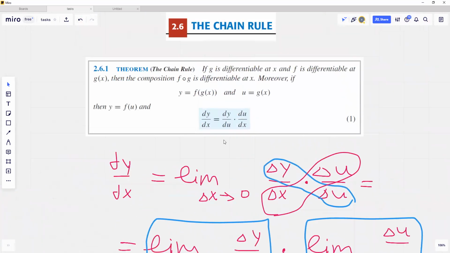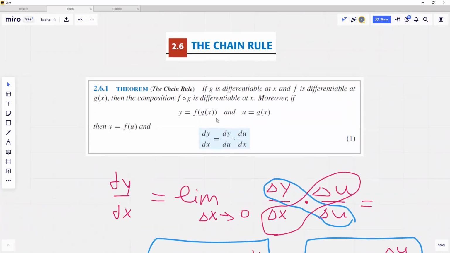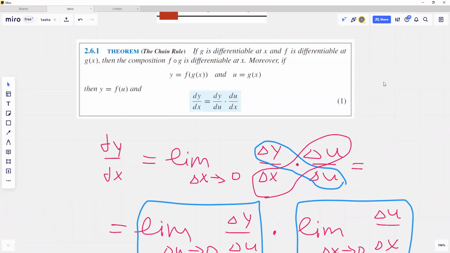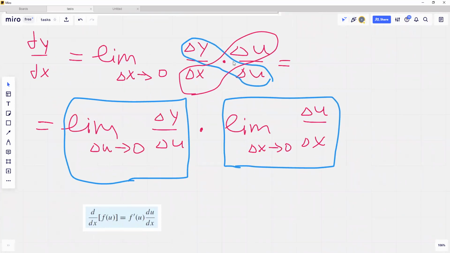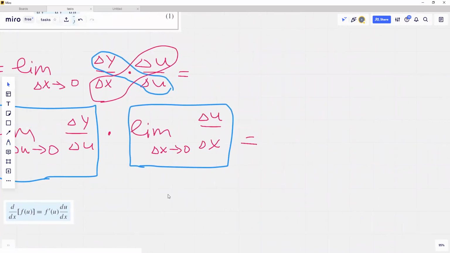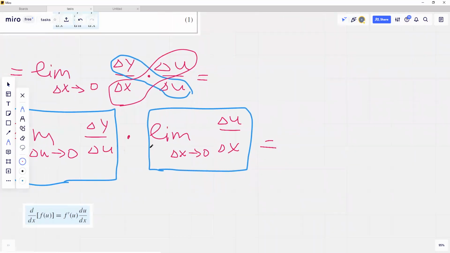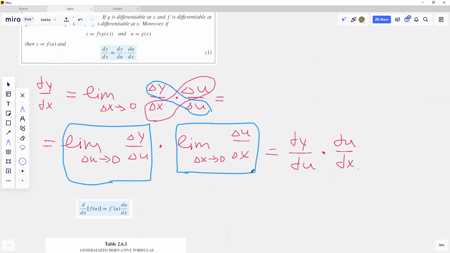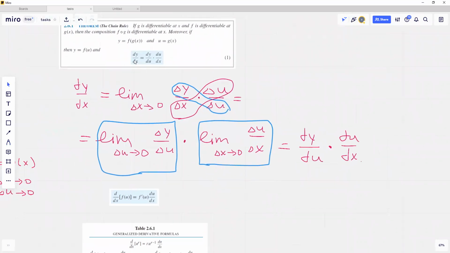And we know that y is a function f of g of x, and it is differentiable. So we are allowed to split them up in the following manner. Now here, this is the derivative dy by du, and that is the derivative du by dx, right? Which was required to prove.